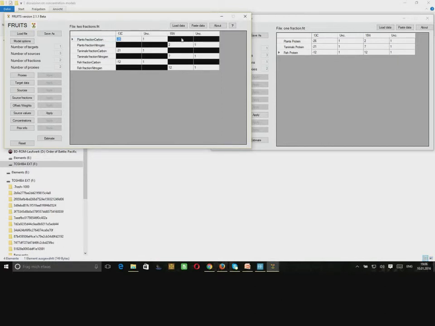And these cells are in black because we informed the model that this fraction carbon does not contribute to the N15 signal. But the fraction nitrogen in plants does contribute to the nitrogen isotopic signal, and this is why these cells are white and one can edit them, but it doesn't contribute to the carbon isotopic signal, and this is why these ones are black and one cannot edit them. Okay.